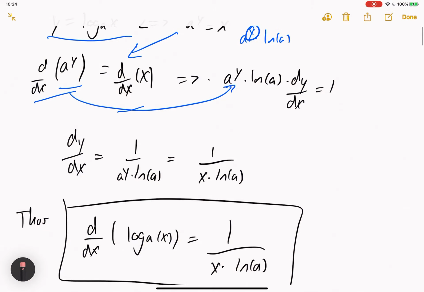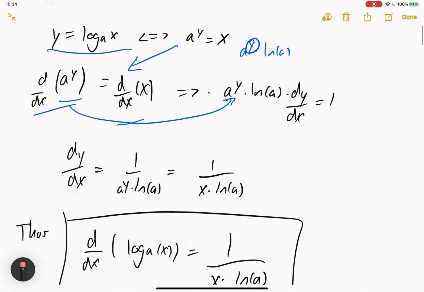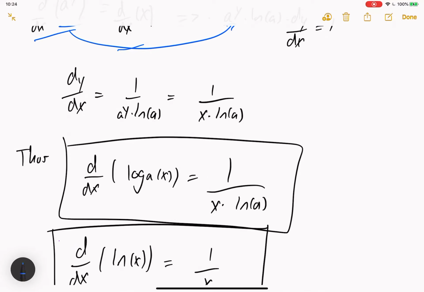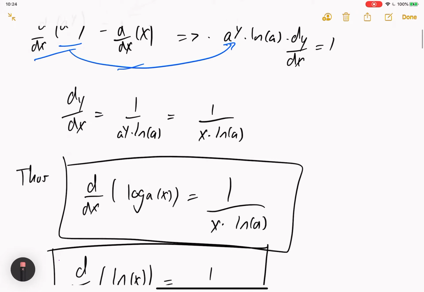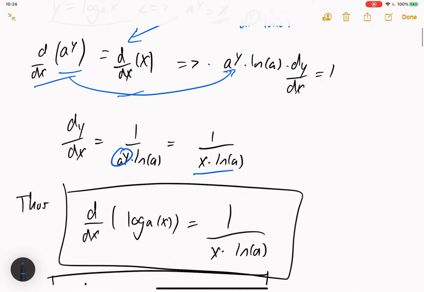So now we have an expression with dy/dx in it, and all we have to do is solve for dy/dx. This is what we get: 1 over a to the y times ln of a. But a to the y is equal to x, so you can plug that in instead.